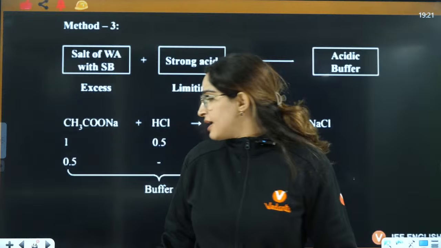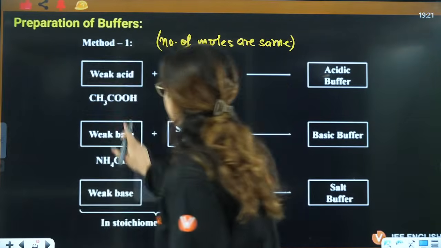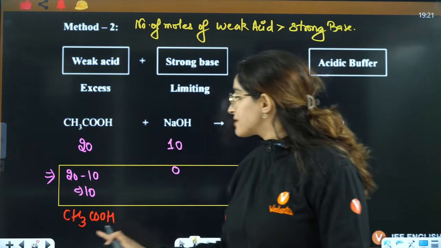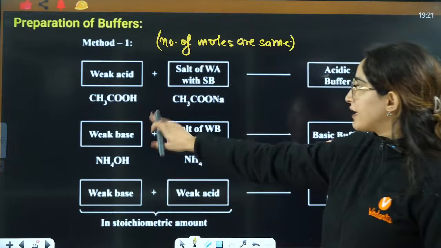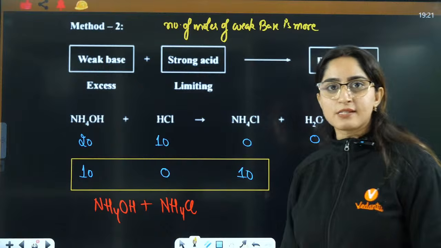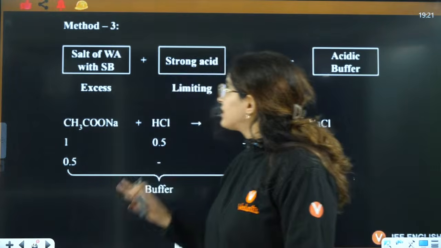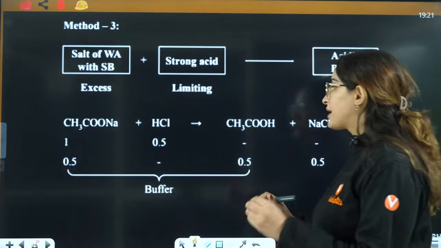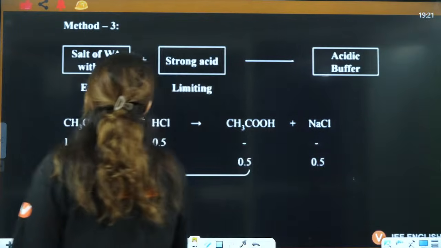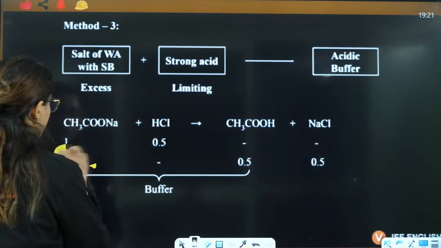Usually in an acidic buffer, we have seen that we have taken a weak acid, and for a basic buffer, in method number 2, we have taken a weak base. Now it is opposite. This particular method is where students get confused. Let's talk about it.